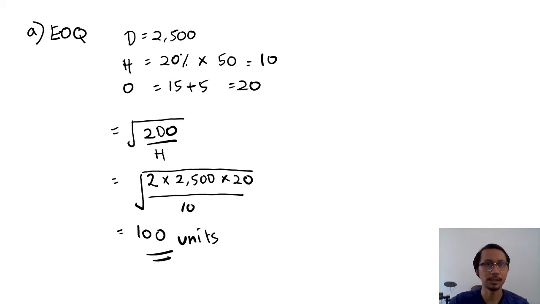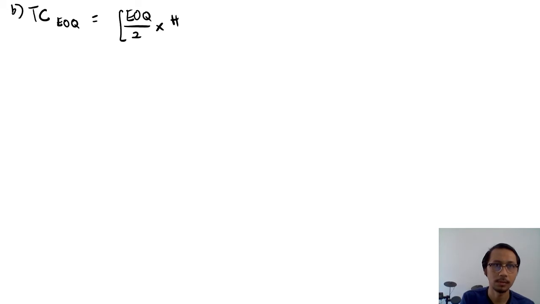Okay, now let's proceed to the next question. The next question requires us to calculate the total cost by using the EOQ value. So our formula just now will be EOQ divided by 2 times H, plus D divided by EOQ times O. So just now your EOQ is 100 units.